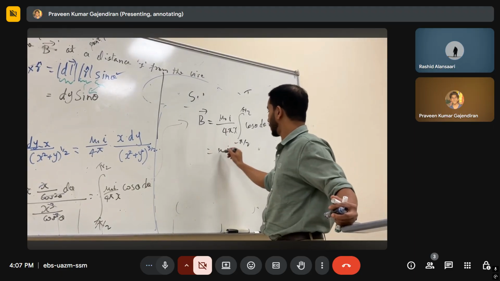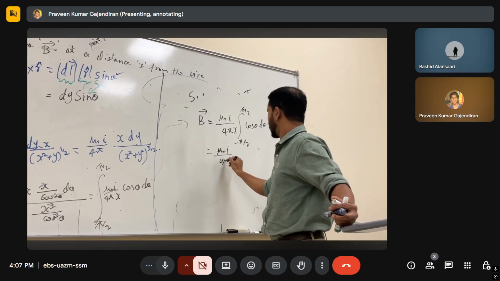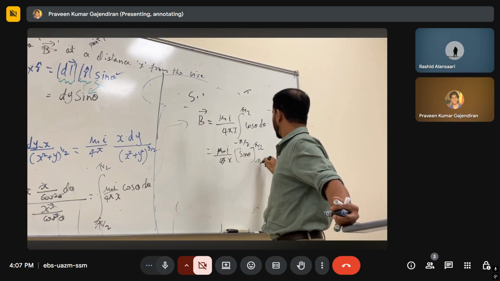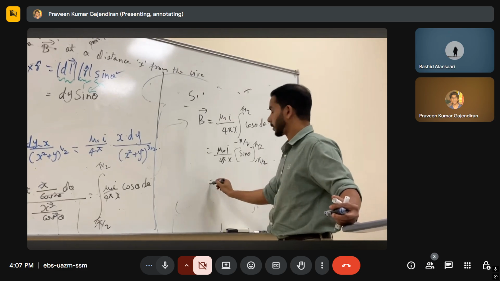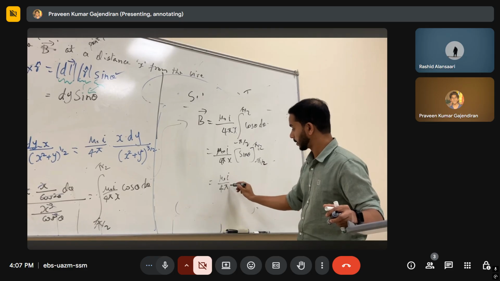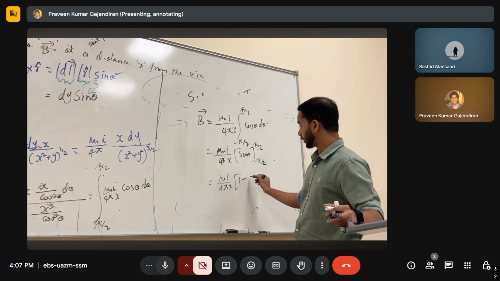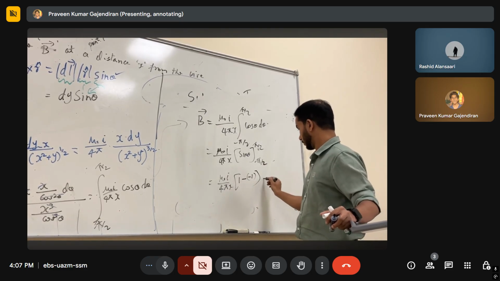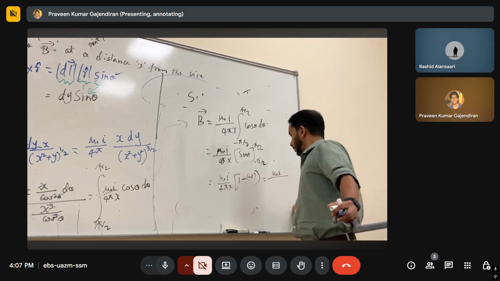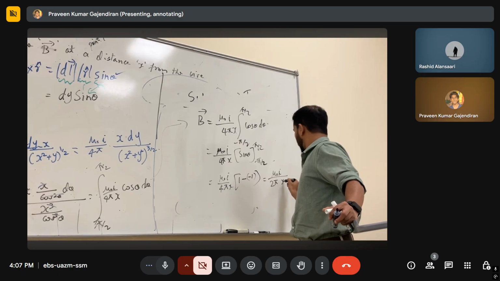So this will be mu 0 I over 4 pi x sine theta. What is sine pi by 2? 1, right? So this will be mu 0 I over 4 pi x, 1 minus minus 1. So the result will be 2, which will cancel with this one. So mu 0 I over 2 pi x.